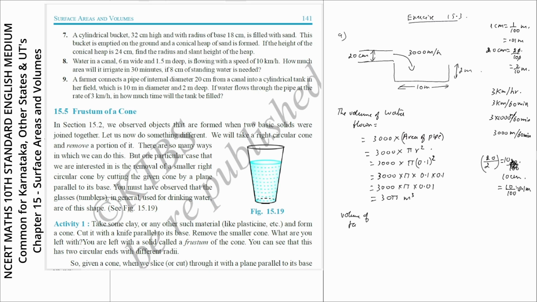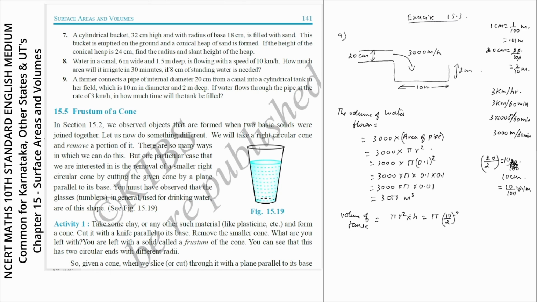Now what is the volume of the tank? This is in the form of a cylinder. So area of the base of the cylinder into height, that is pi r square into h. What is the radius of the tank? 10 is the diameter, divided by 2 gives radius.